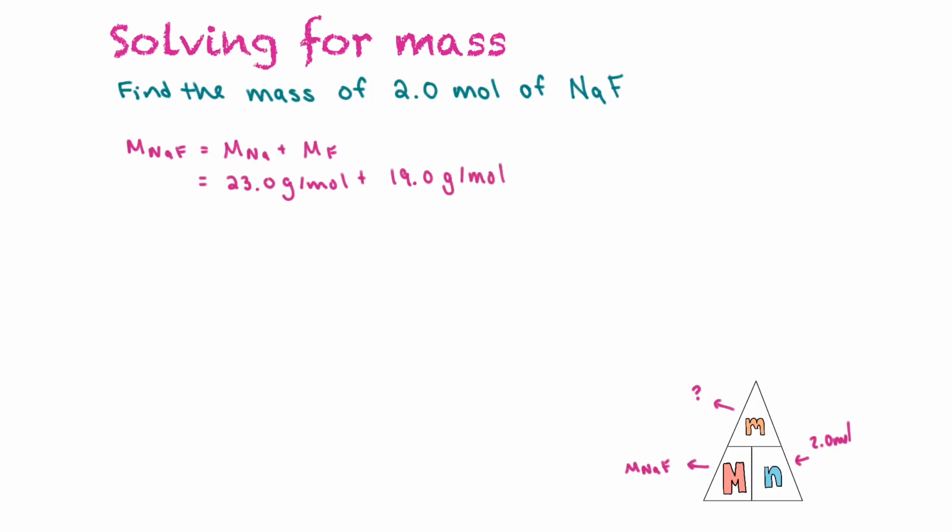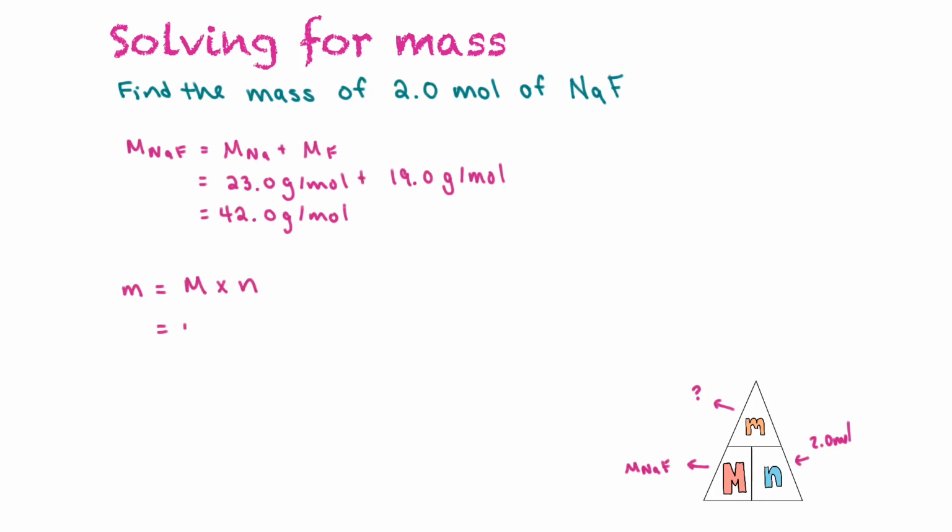So we add those two values together, and we get 42.0 grams per mole. Now we're ready to solve for the number of grams. So we want to know the mass. So that would be equal to the molar mass times the number of moles.